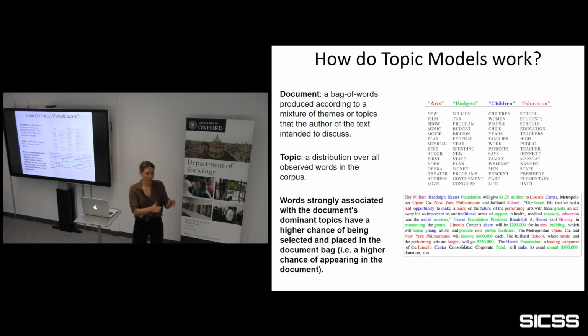And if you just went into the healthcare topic, all the words in that corpus would have a probability of occurring within that topic. So you have a distribution of topics across the corpus and within an individual document, and then within each topic, you have a probability or a distribution for the words. Does that make sense?